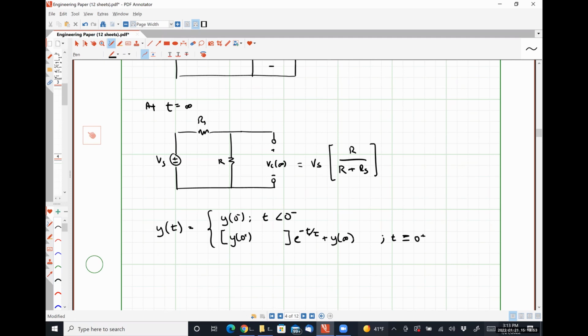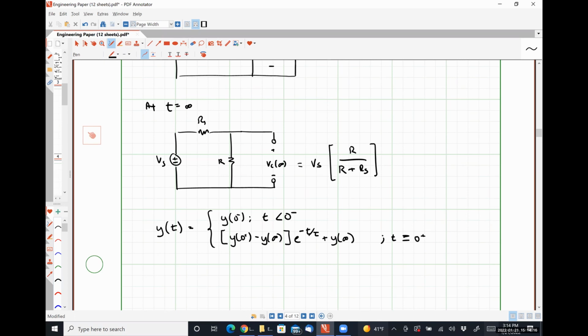Now, one small problem that we have here is that this constant term of y at infinity is always added into our response, okay? So it's added even for small values of t. To correct that, we simply subtract it right here.